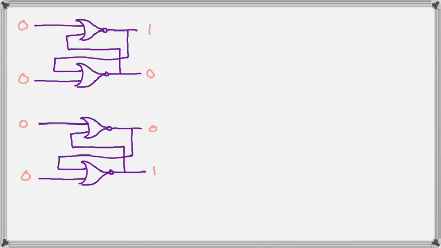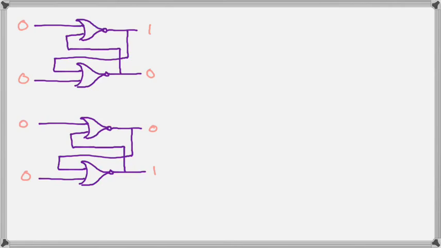So don't let the fact that we've put all zeros fool you, because we can have all zeros on the input and the flip-flop is perfectly comfortable in either the set or reset position as shown. So the two possible states are shown, one on the top with the set and one on the bottom with the reset.